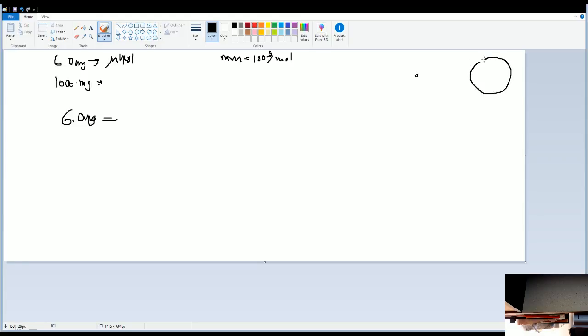This is a gram. So if it's 6 of these, it's going to be less than a gram. So you divide by 1,000. Like if you had 6 of these milligrams, it's less than a gram. So you divide by 1,000 to make it to grams. Milligrams, grams.